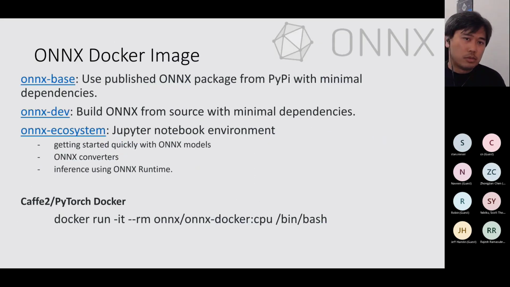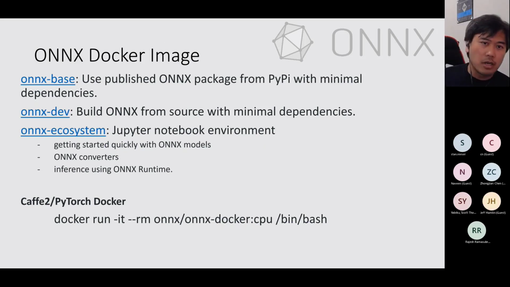You can also deploy ONNX in a Docker image, right? There's Docker images out there, or you can have these different ecosystems where you can use it as a starting point. Actually, if you want to do conversion, you can do this in a Jupyter notebook environment.